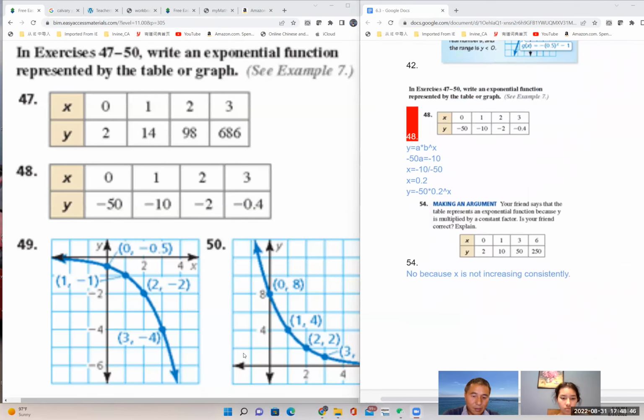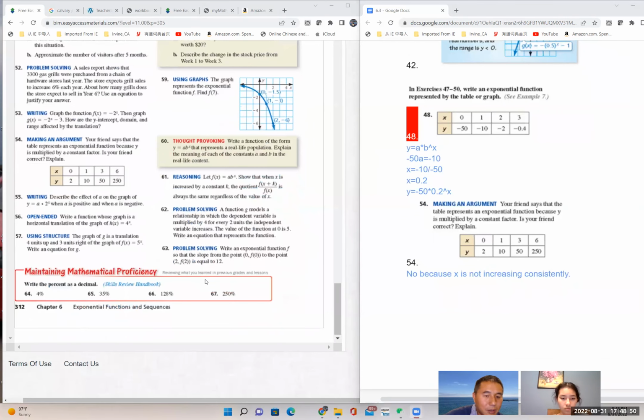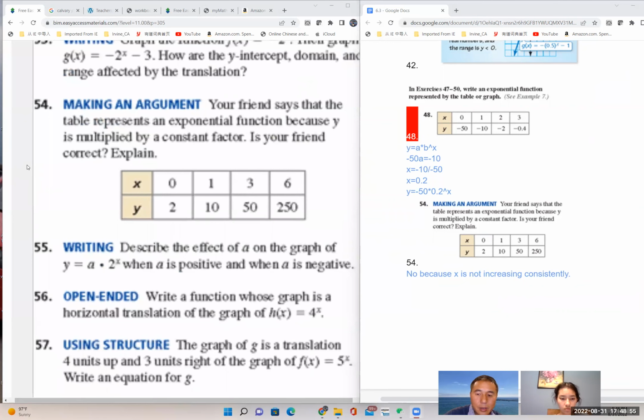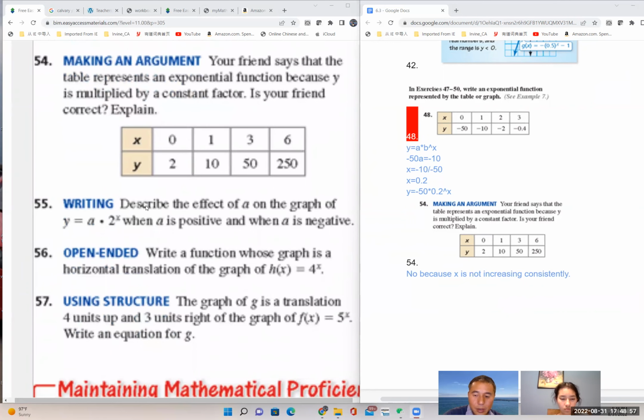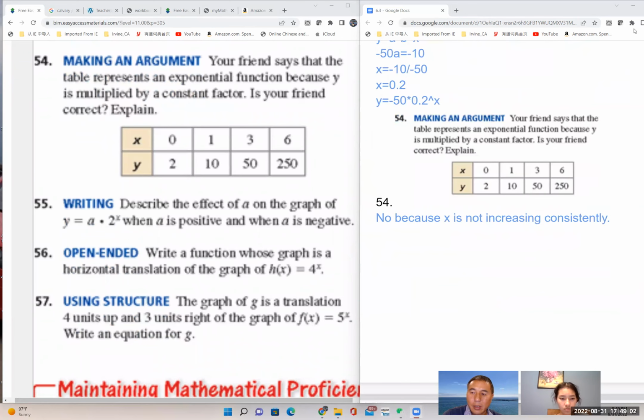Oh, this is the last one. Good to see. Make an argument.